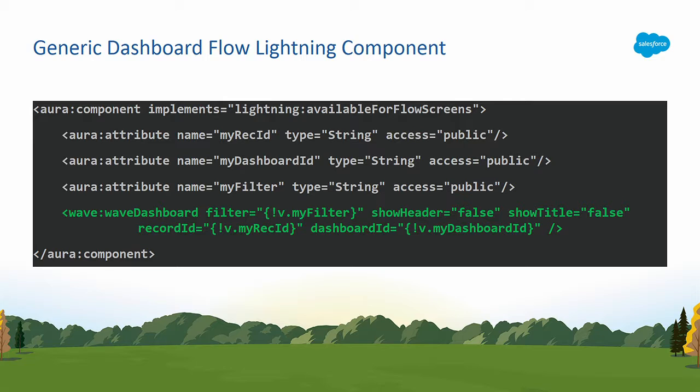In the end, you have some attributes, which are just there so you can set them from the outside and have something more generic. And then we have the wave dashboard component, which has a few attributes like filter, which I will come back to later, show header, show title, record ID, and dashboard ID.